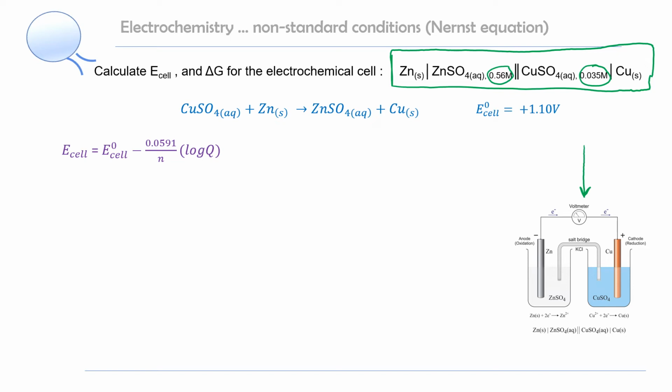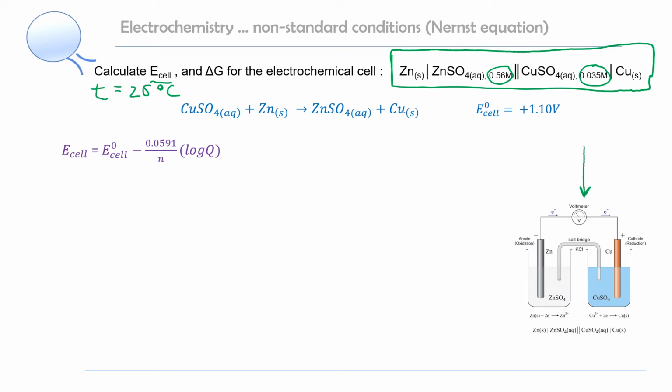So we wish to predict the cell potential for this electrochemical cell under these conditions. And I want to tell you that the temperature is 25 degrees C. So we should be able to use the Nernst equation to predict the cell potential.